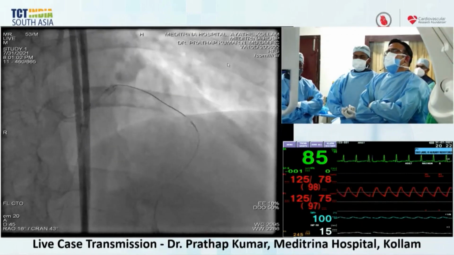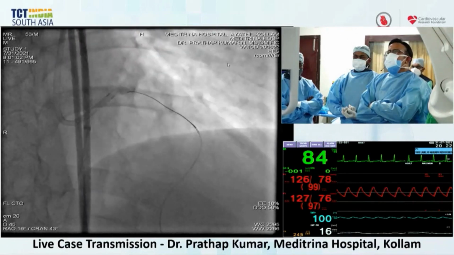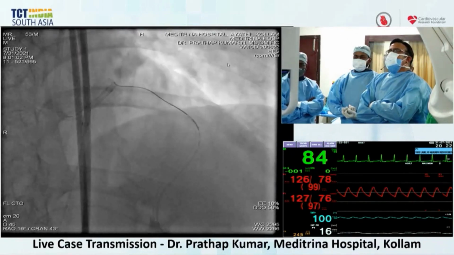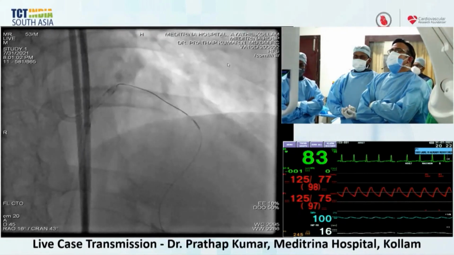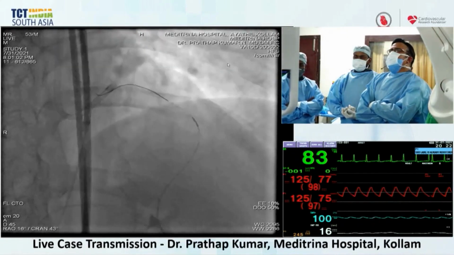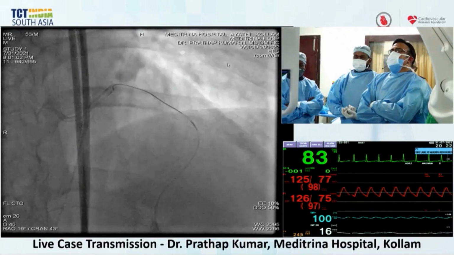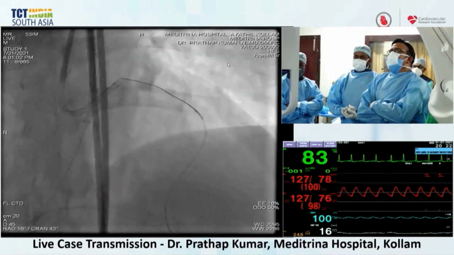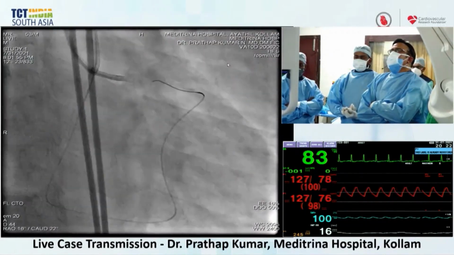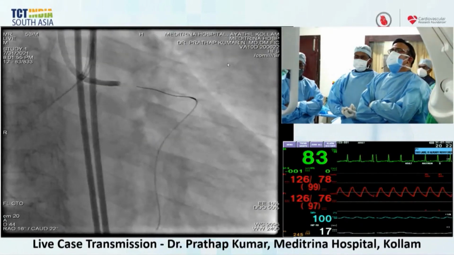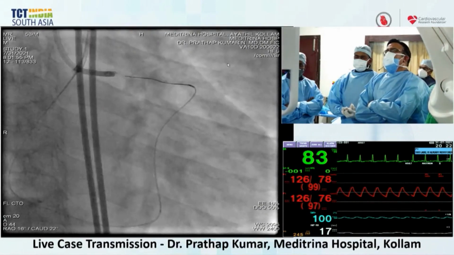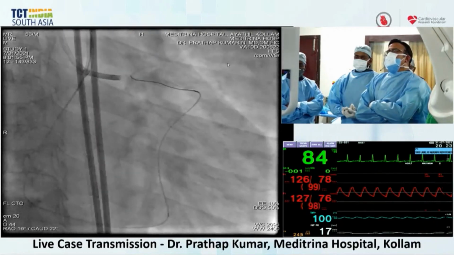I think next, same thing. Yeah. Oh, it is a long fluoro store. I understood I have to check. I can even put the wire into the circumflex artery and take the microcatheter down.